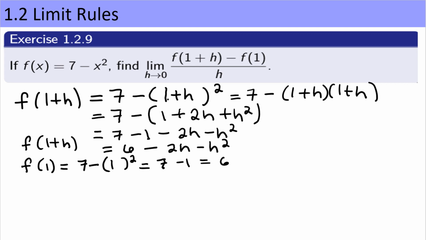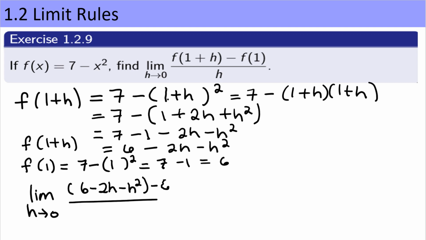Now let's put the pieces into the limit. So we'll have the limit as h approaches 0 of, where we had f of 1 plus h, that expression we just found to be 6 minus 2h minus h squared, minus the function evaluated at 1, or f of 1, is actually the number 6, and all of this is divided by h. Let's continue.